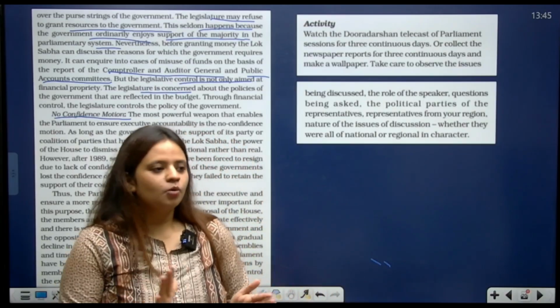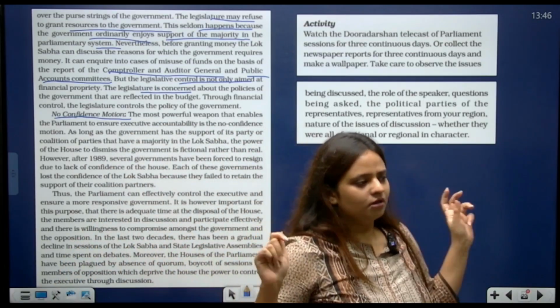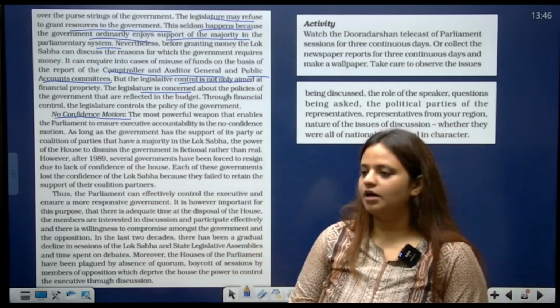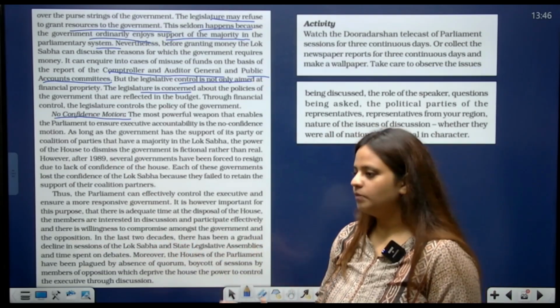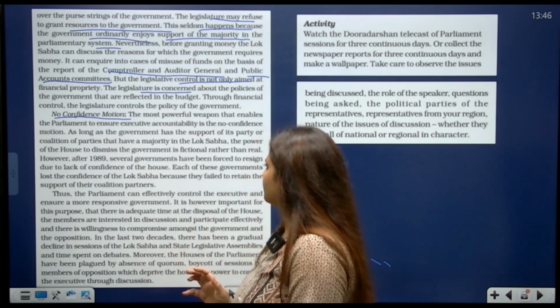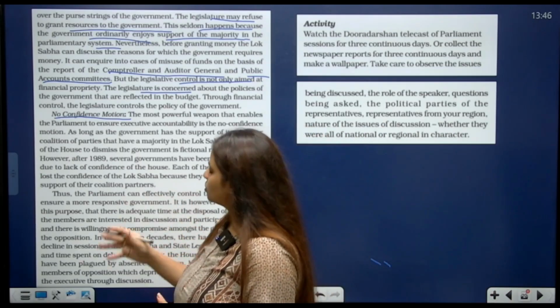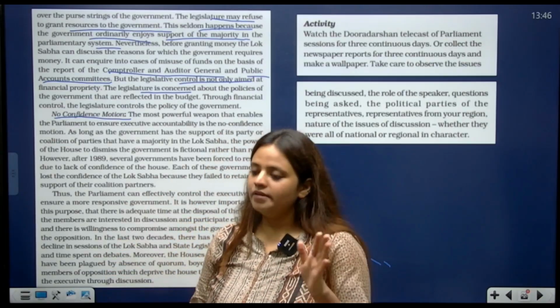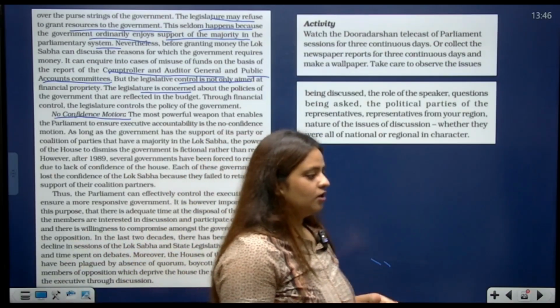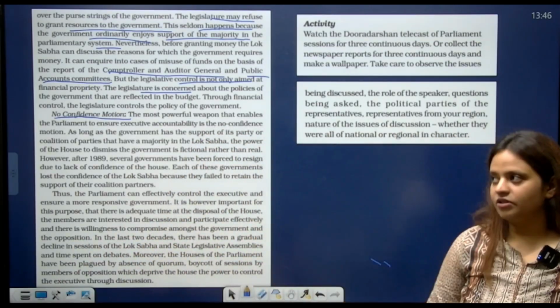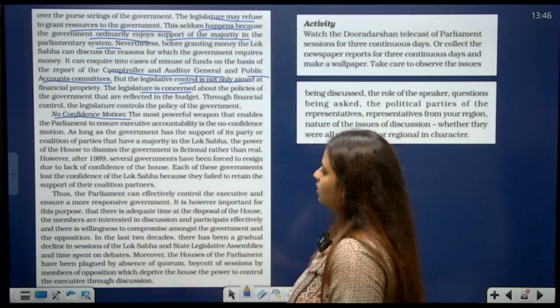They form a coalition government. All small parties come together and form one party, which is known as a coalition government. So a party is formed through coalition, and now when the party is made, it has to ensure that there is a majority in the parliament.